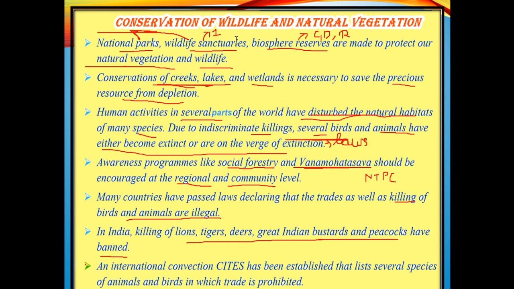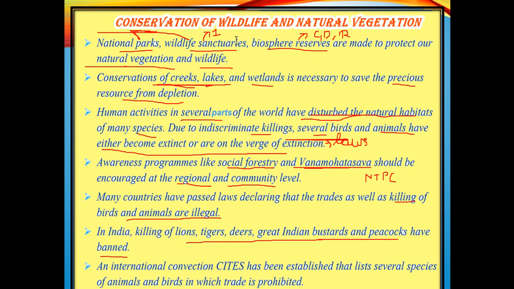Now, an international convention, CITES, is basically the organization that has been established that lists several species of animals and birds in which trade is prohibited.